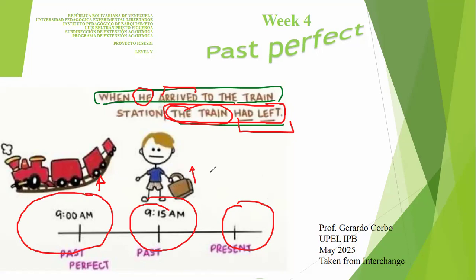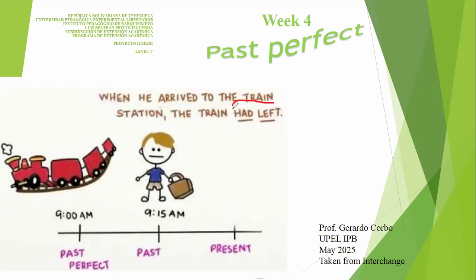The auxiliary had with the main verb in past participle, that is past perfect, to talk about an action that happened before the other. But both actions are in the past, okay? So when he arrived to the train station, the train had left. What happened first? Well, the sentence that contains the auxiliary had and the verb in past participle.